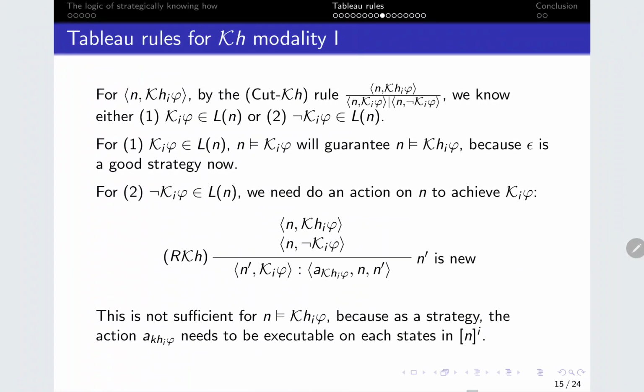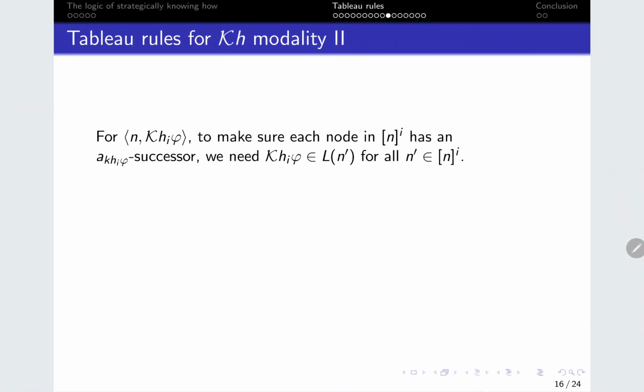But this alone is not sufficient for know-how phi to be true on n, because as a strategy, the action A_know-how-phi needs to be executable on each state in the belief state of n. To make sure of this, we will use the 4 and 5 axiom for know-how formula.